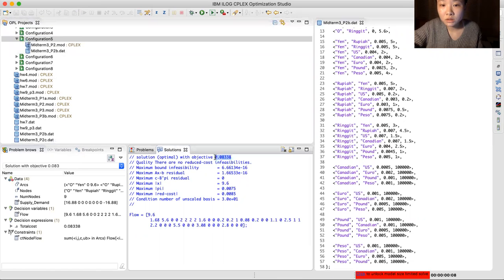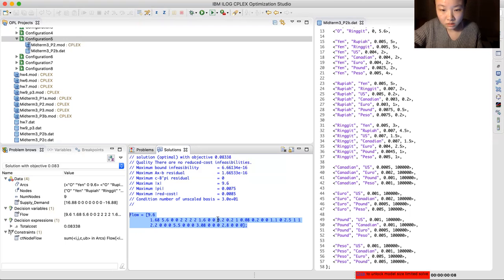So this is the minimum transaction cost in $1 million, and this is the cash flow from currency i to currency j. That is 2 million from yen to US, Canadian, euro, and pound to pound, and 1.6 from yen to peso.